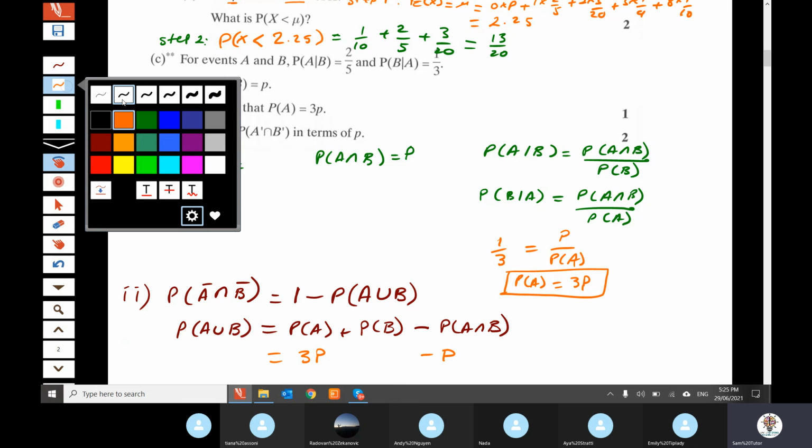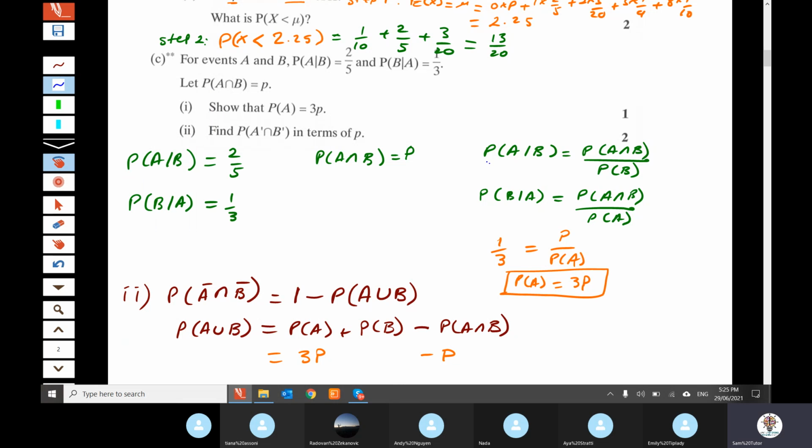So you would go back up. Probability of B can be found from this one here. A conditional to B is 2/5. A and B is P on probability of B. Cross multiply. That becomes 5p on 2, pretty much.